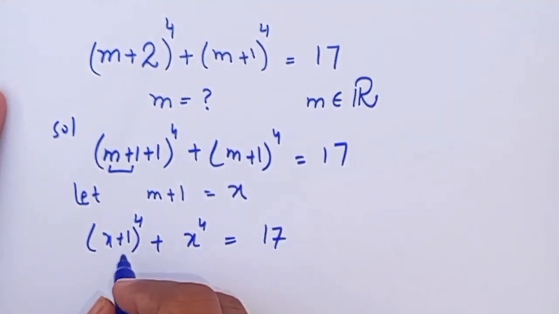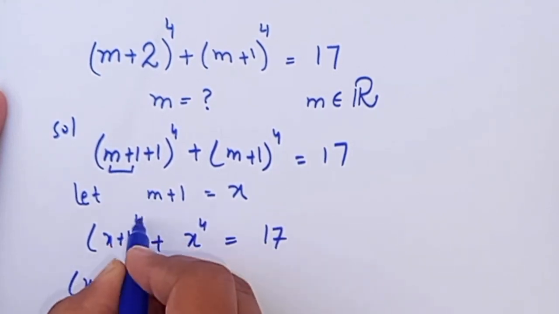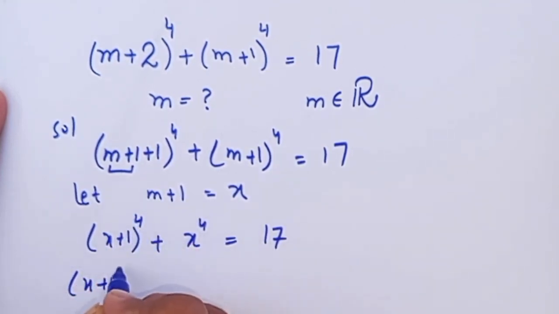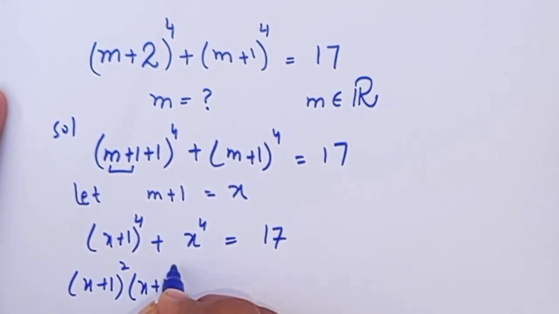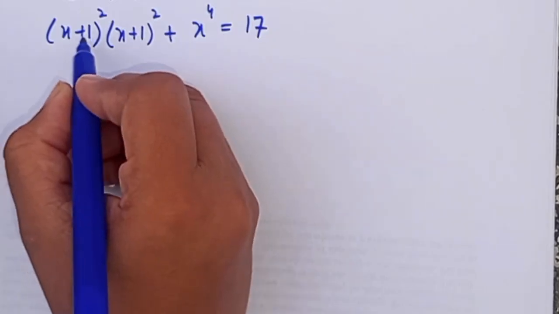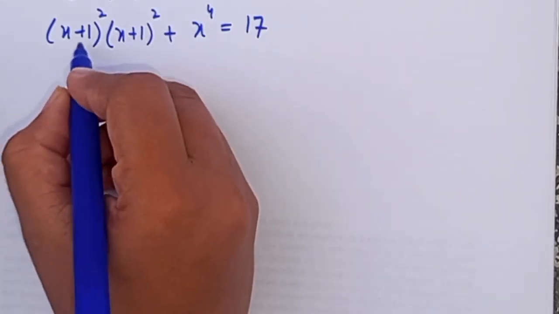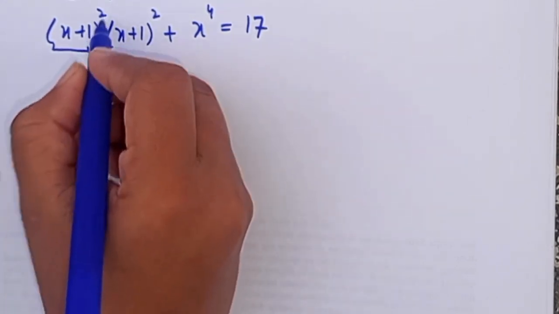And now in the next step we write this first term, (x + 1)^4, as ((x + 1)^2)^2. We copy the remaining value. Now in the next step we apply the identity on this value, (x + 1) whole squared.